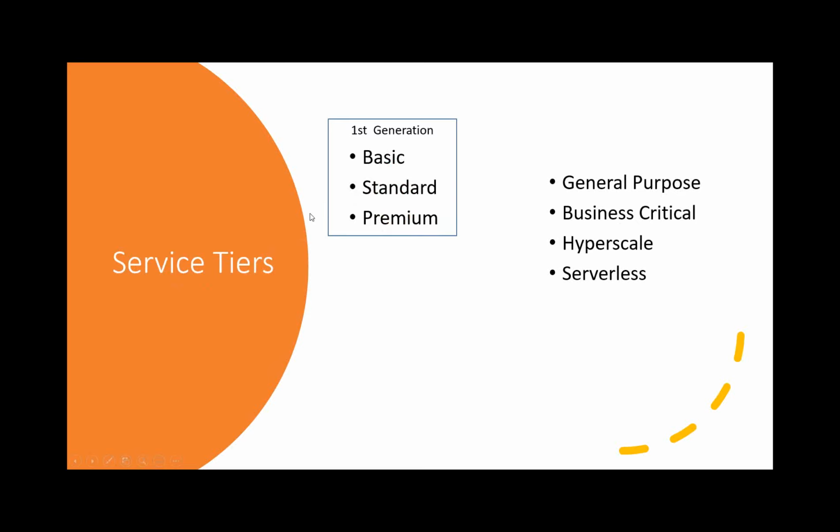Only a few years later, when people were asking for more control, to understand which hardware and how many cores were being allocated to each one of those service tiers, they released the second generation, which is general purpose, business critical, hyperscale, and serverless. To summarize, the first generation works with database units and elastic database units, and the second generation is based on vCores.